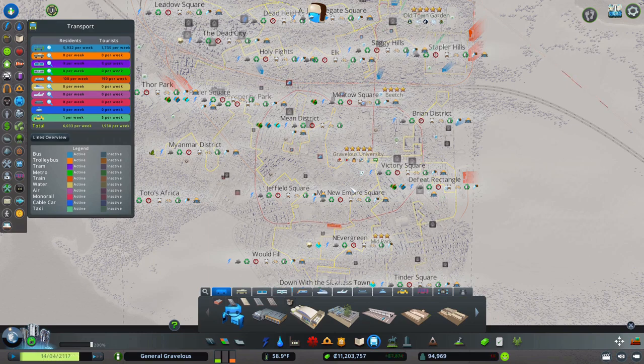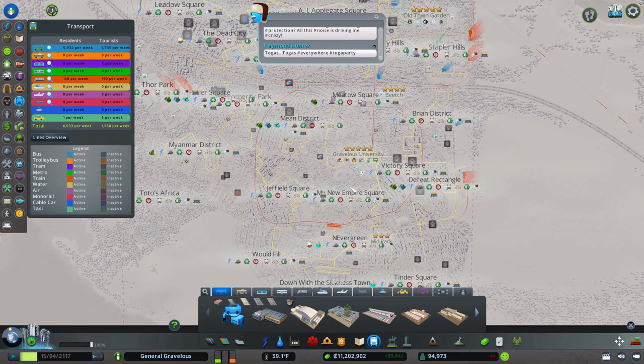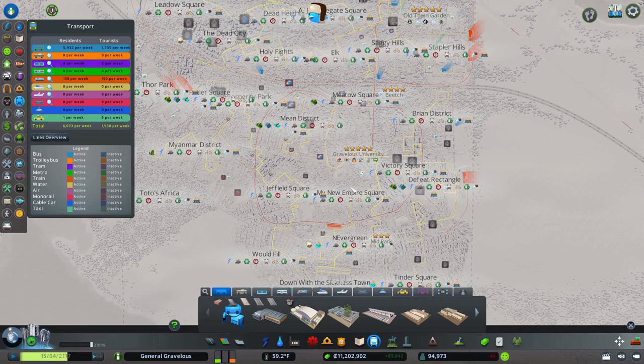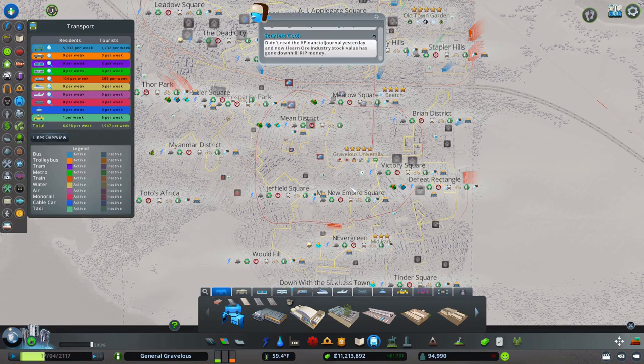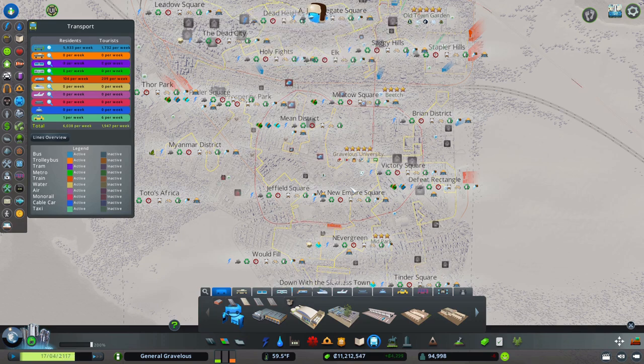So it functions like a tram in the sense that these are isolated from the rest of the network, even though it is just gravel roads and buses, very regular things.